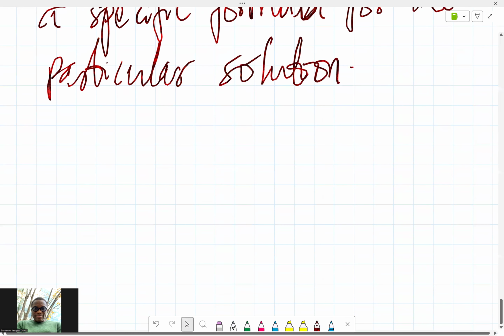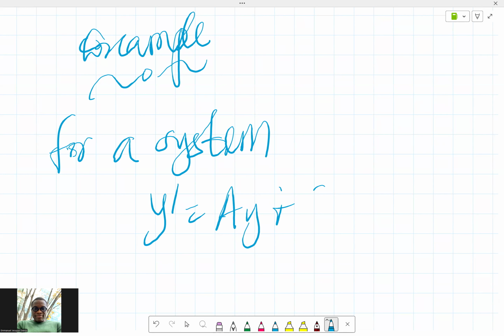So a good example of that would be this. For a system, y prime equals ay plus f of t, just the same like before, right?